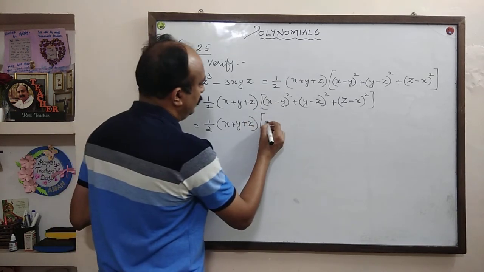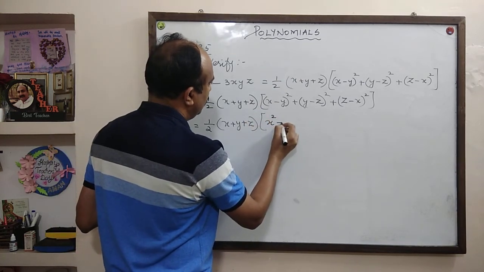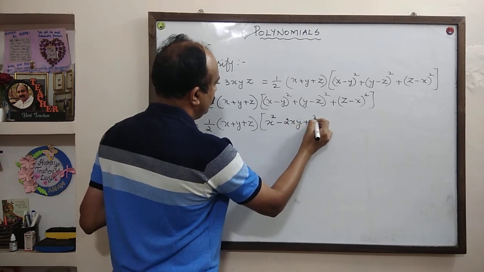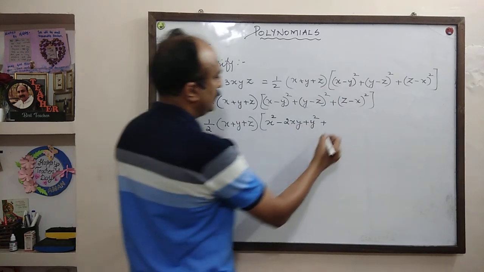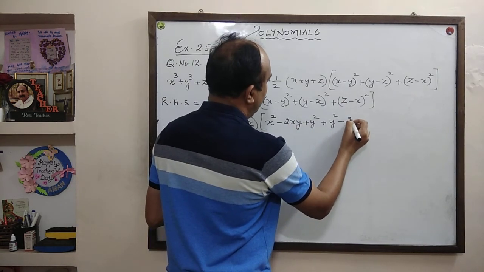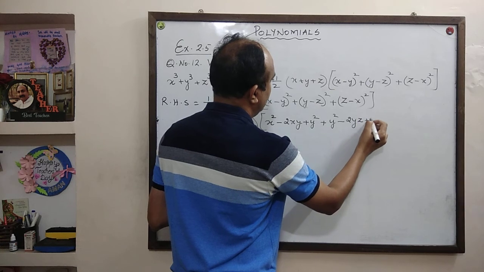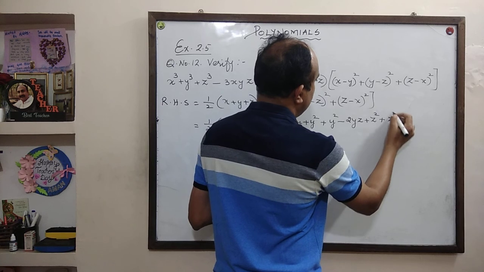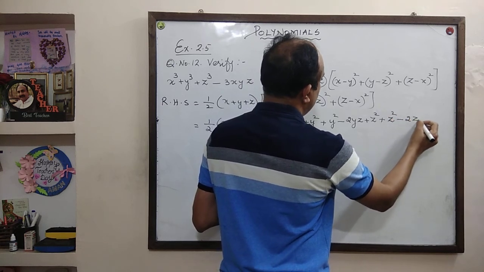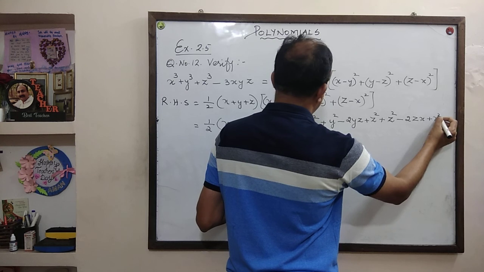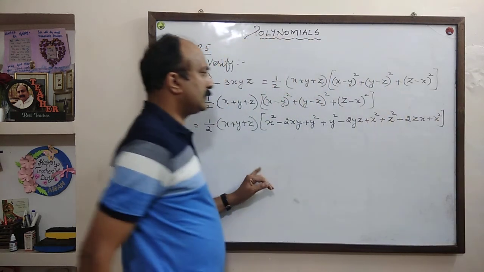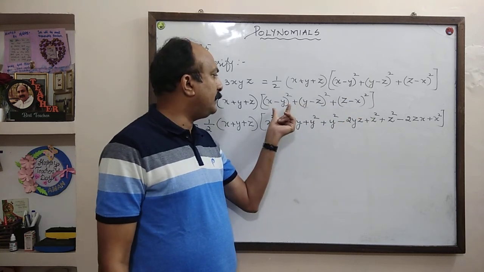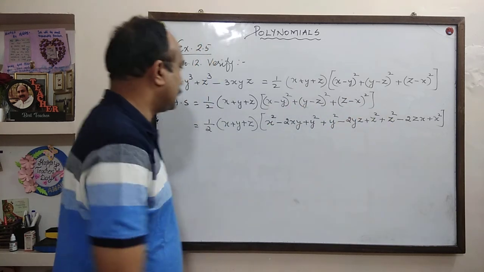So x minus y the whole square is x square minus 2xy plus y square. Second bracket y square minus 2yz plus z square. Third bracket z square minus 2zx plus x square. Bracket close. So using a minus b the whole square, we have expanded all these three brackets.